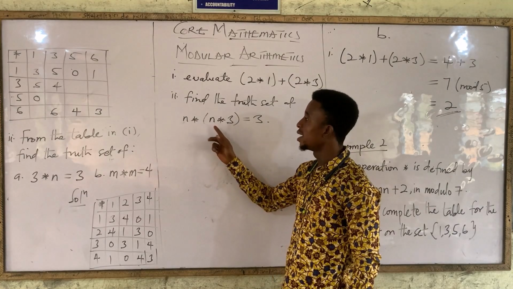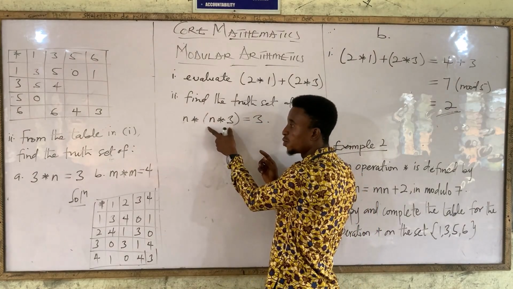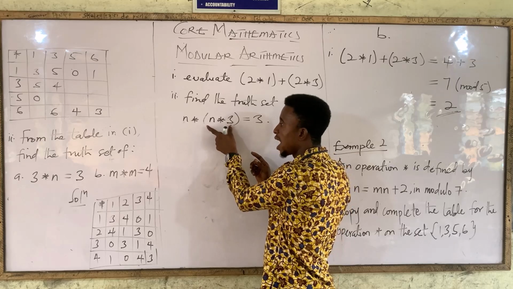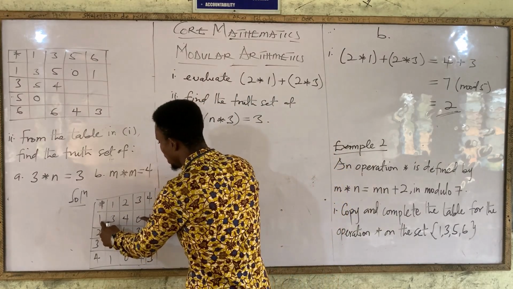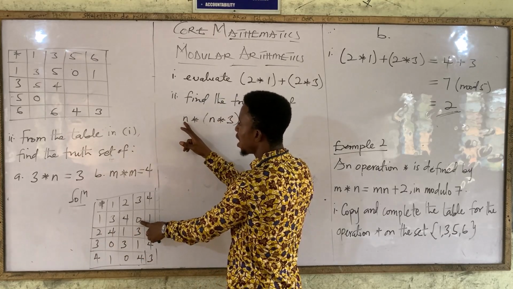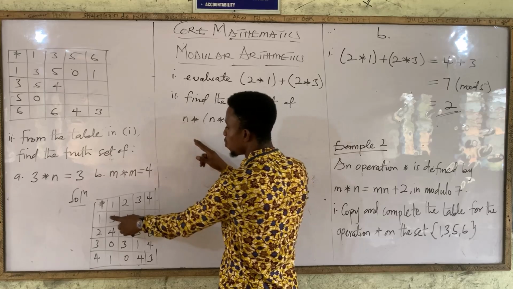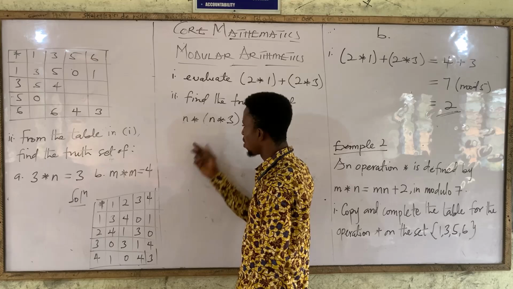Let's see if it will work. So if n is 1, first of all, we know we have to solve for the bracket first. So we have n star 3, and 1 star 3 is 0. So taking this 0, then we are going to have the same 1 we chose for the n, then star, the answer that we have for this.